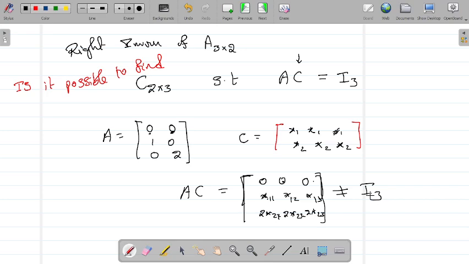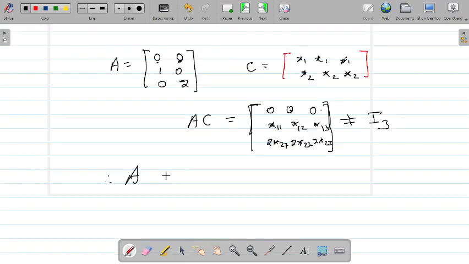So now what I can say is A does not have a right inverse. That I can say. So in other words, let me write it this way: right inverse of A doesn't exist.